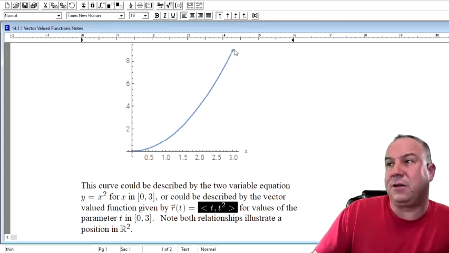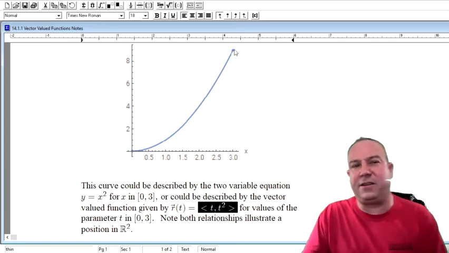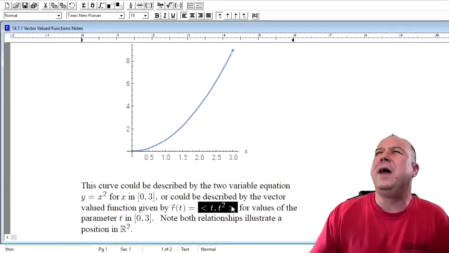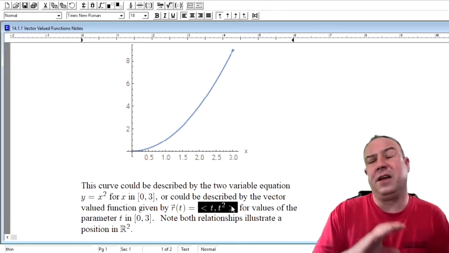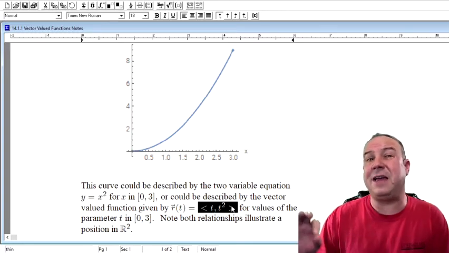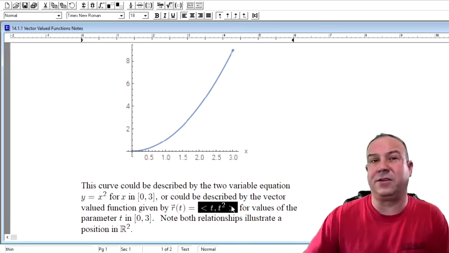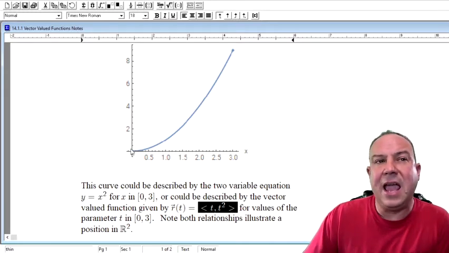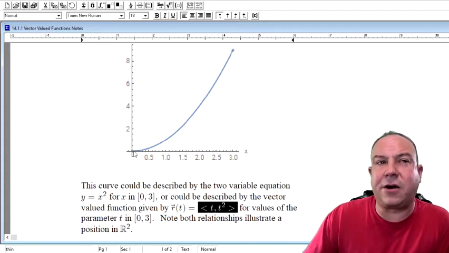And what I do take note of there is that a vector-valued function is really just a parametric curve description that has been taken and placed into a vector description, kind of arranged into a vector description here. And we see this curve forms over values of t, starting here at t equal to 0 and all the way up to here at t equal to 3.